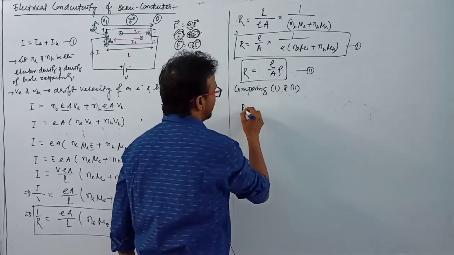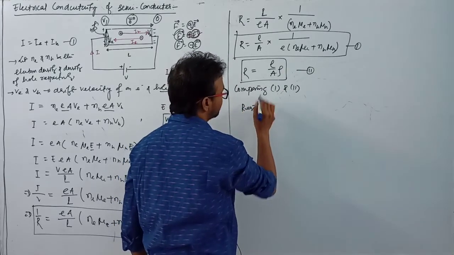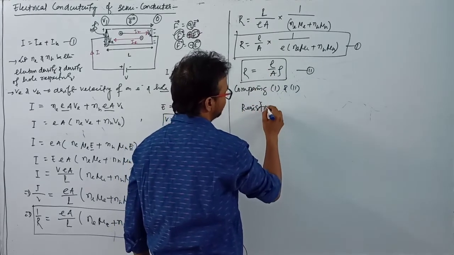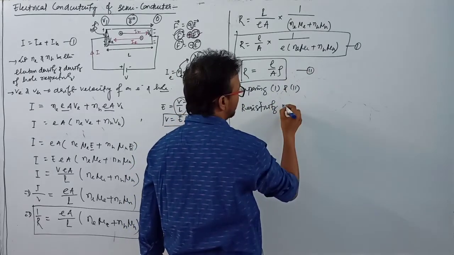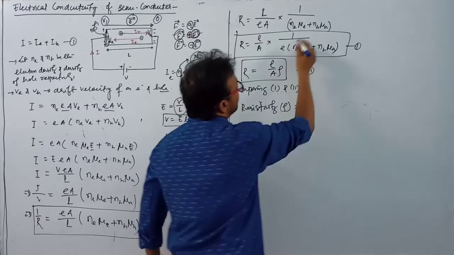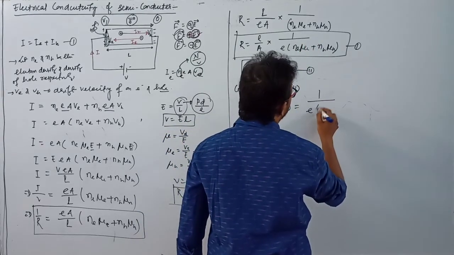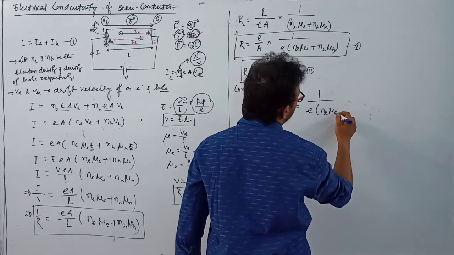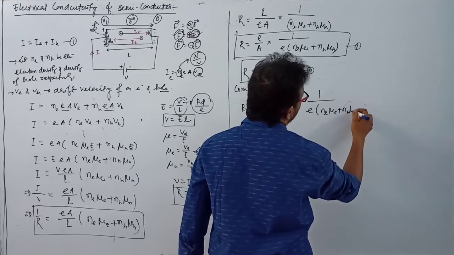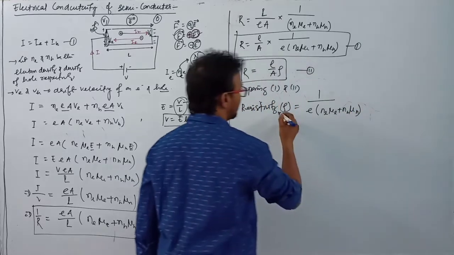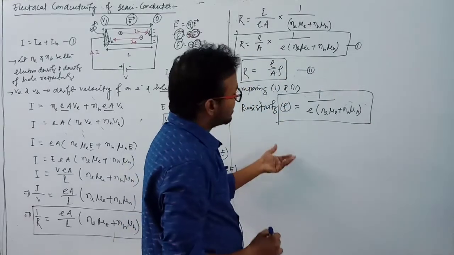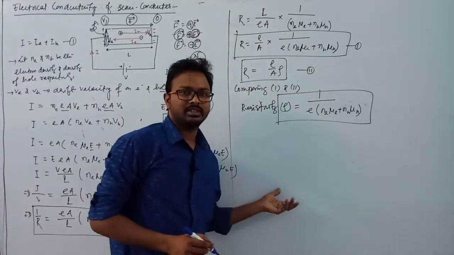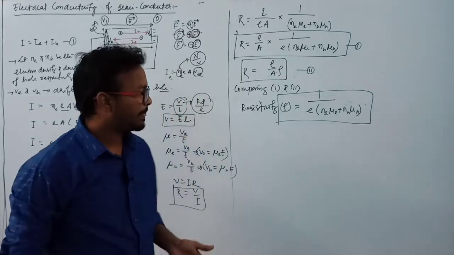So the resistivity of the semiconductor, rho, equals 1 by E times Ne mu E plus NH mu H. This is the formula of resistivity. And if we change the substance, then the resistivity also changes.